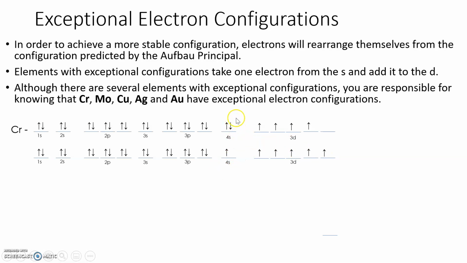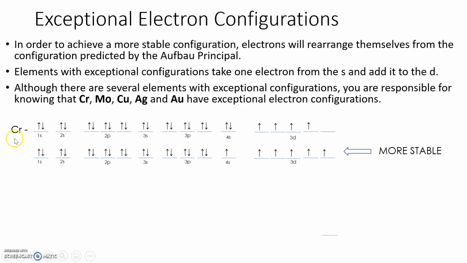That electron transfers over and is added to the 3d. So now chromium has 2 half-full sublevels, and this is actually the more stable configuration for chromium. It looks kind of weird. We've got 4s1, we've got the empty orbital there, we've broken the Aufbau principle, but we've satisfied half-full sublevels, so this is the more stable configuration.